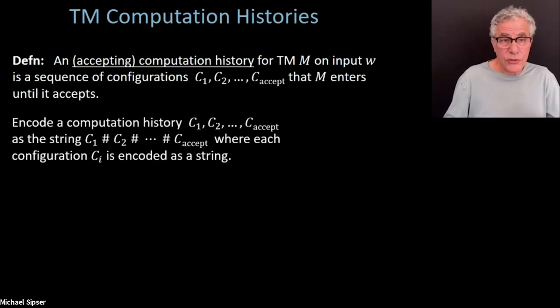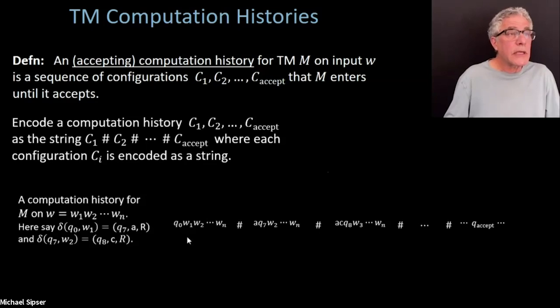I'll show you a little example in a second, but just to focus on the concept here. We're just going to write down the string for the starting configuration, and then the next configuration, and so on until you get to the accepting configuration, and separate each of those strings by some # delimiter.